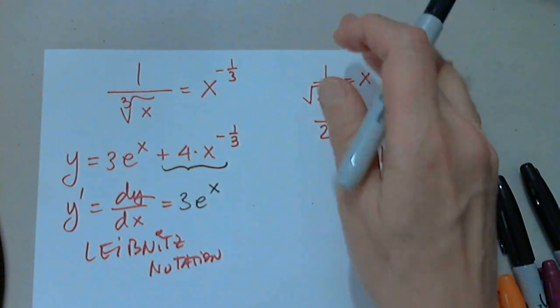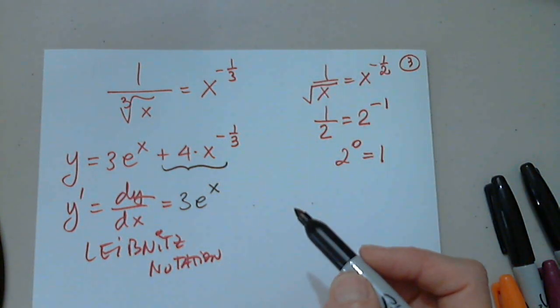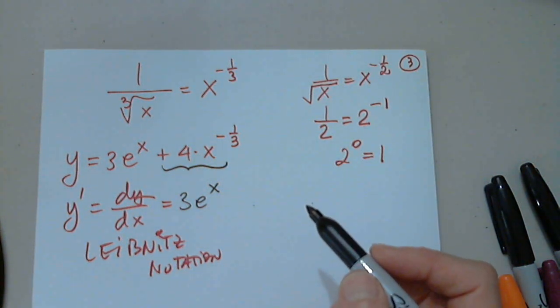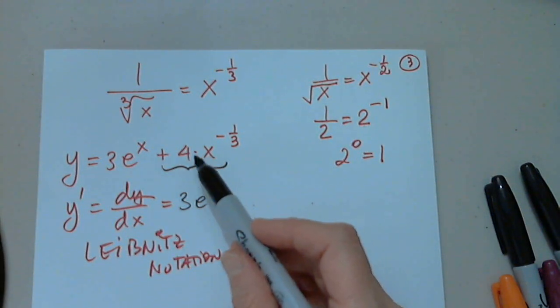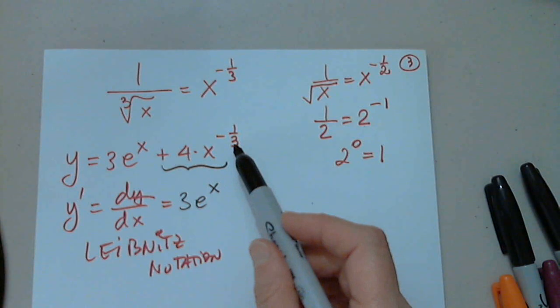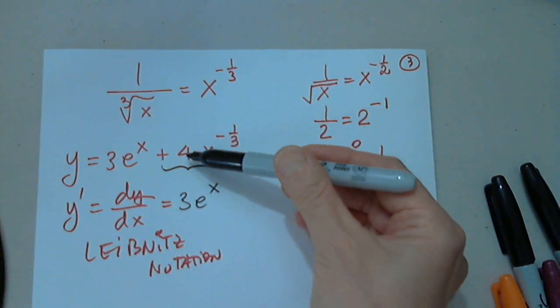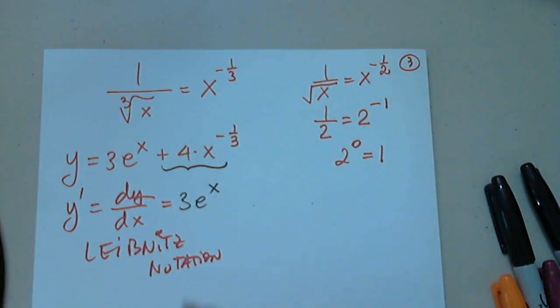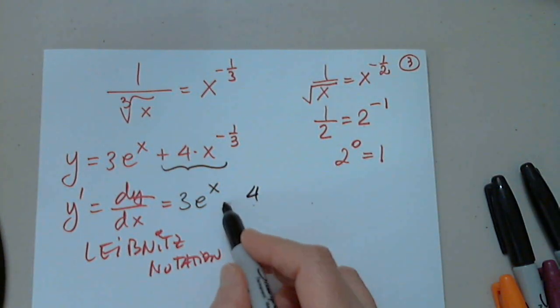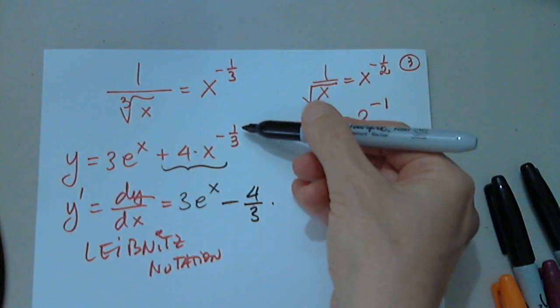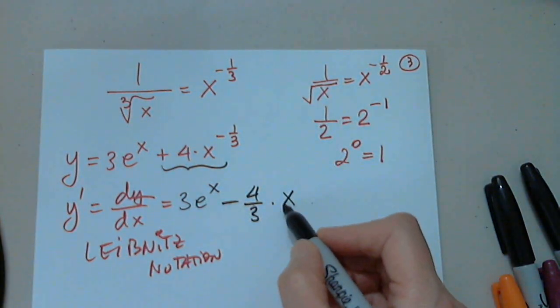Anyone? I think the 4 is a 4 because it's a constant multiple. And then we bring that down and subtract 1. So you're saying 4 times -1/3 is -4/3, and you subtract 1 from it. Good.